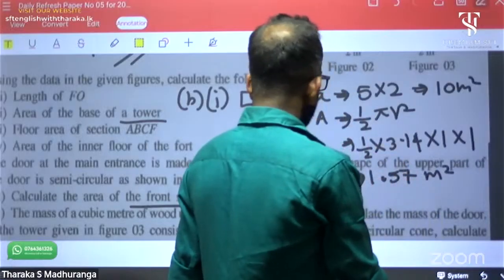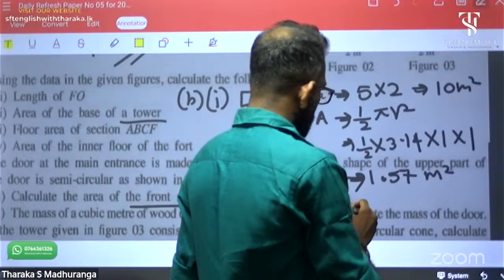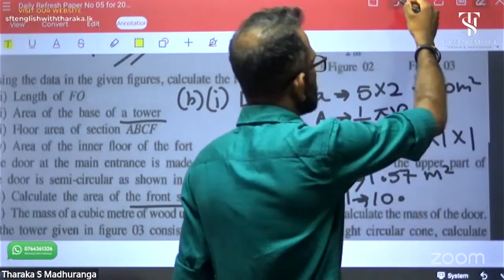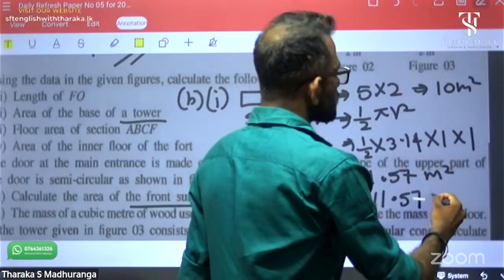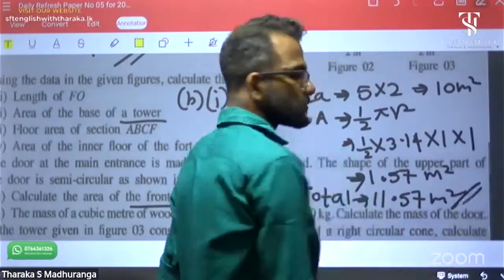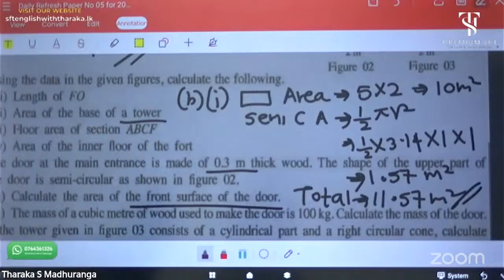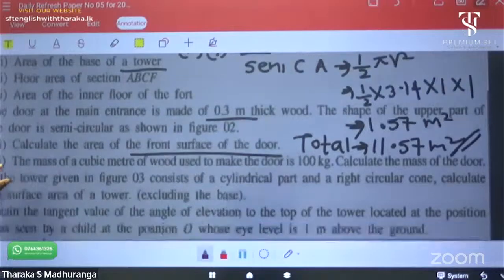Now total surface area, 11.57 square meter. 11.57, very simple question. 11.57 square meter.